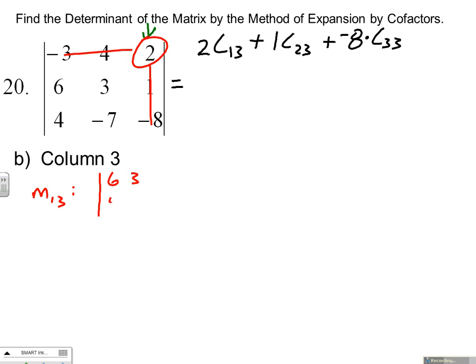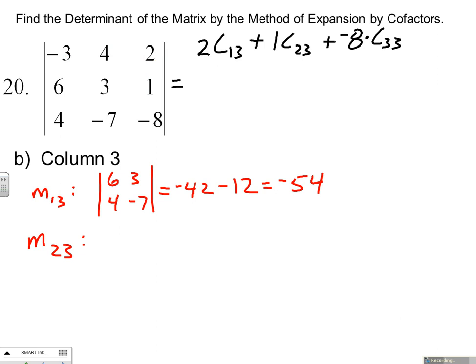6, 3, 4, negative 7, or downward diagonal negative 42 minus upward diagonal 12, and we get negative 54. Minor 2, 3, row 2, column 3. For that, I just take my eraser, come back up here, cancel, cancel.